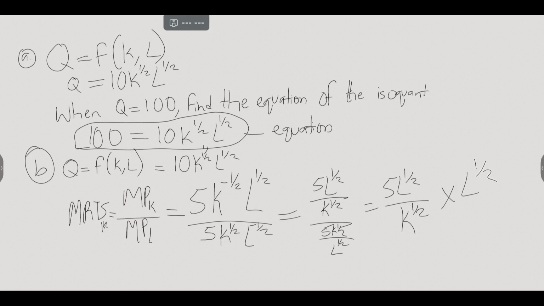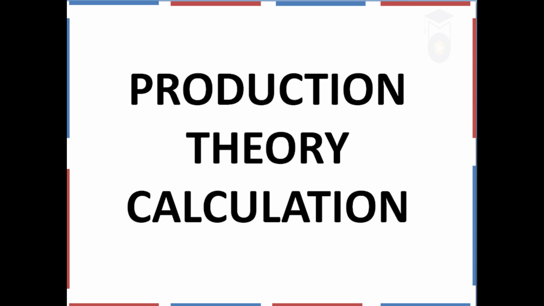Therefore, the MRTS of this equation is L over K. That's the final answer.